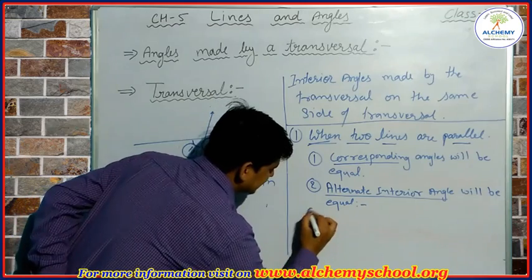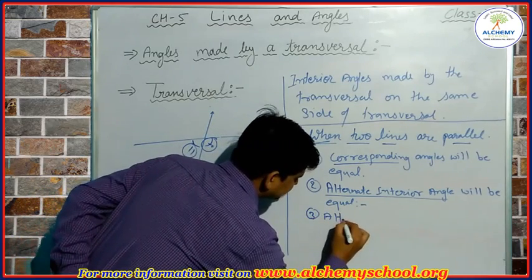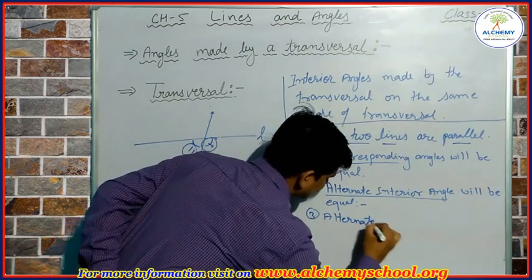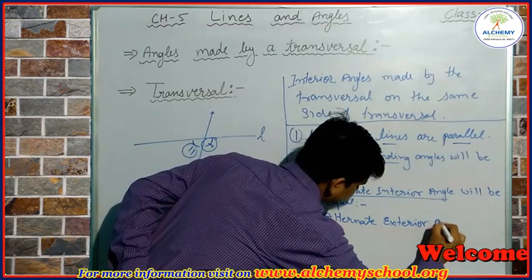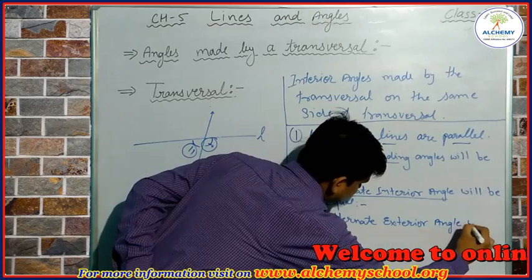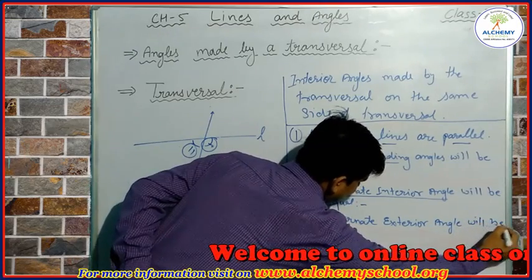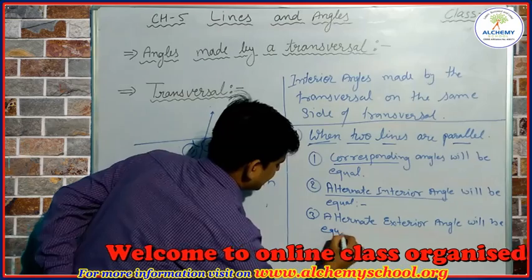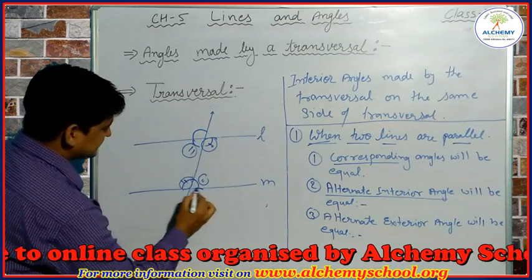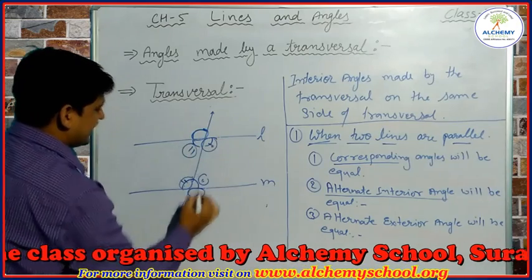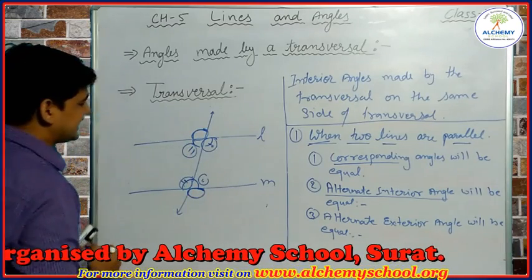The next thing is alternate exterior angles will be equal. The same way, this angle and this angle, this angle and this angle are alternate exterior angles.